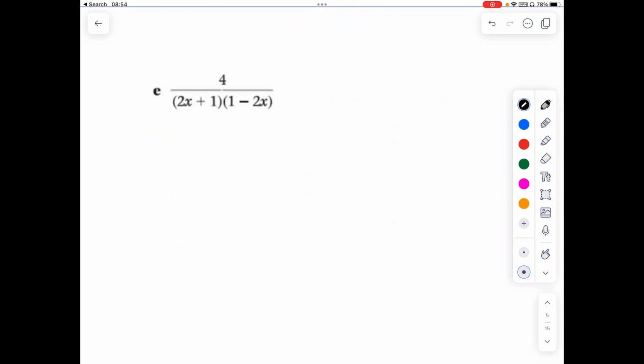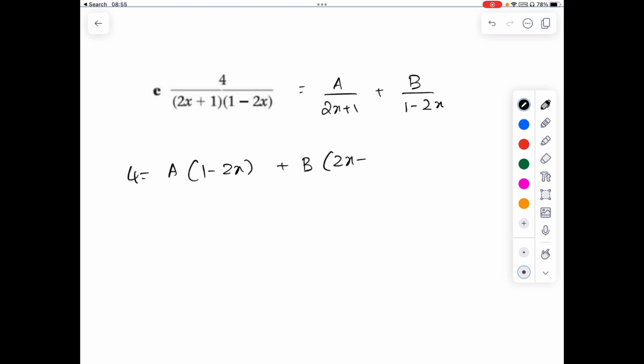Part E: A upon (2x + 1) plus B upon (1 - 2x). So 4 equals A times (1 - 2x) plus B times (2x + 1). So now plug in x equals 1 upon 2. So 4 equals 2B, B equals 2.